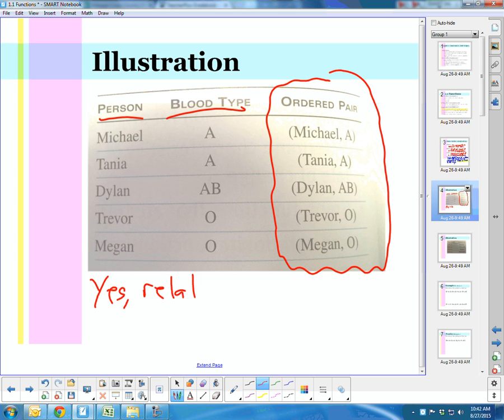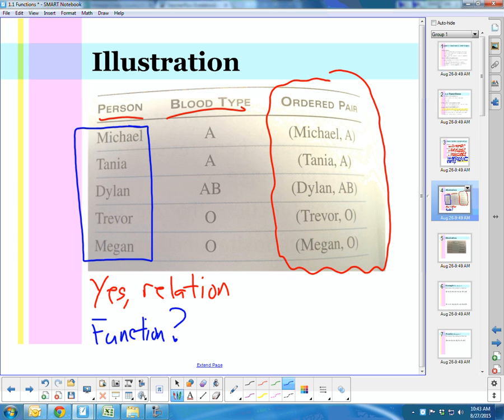We can pair it up. But I guess the important question becomes, is this a function? Is each input element, each domain element, paired with one element in the range, the blood type?